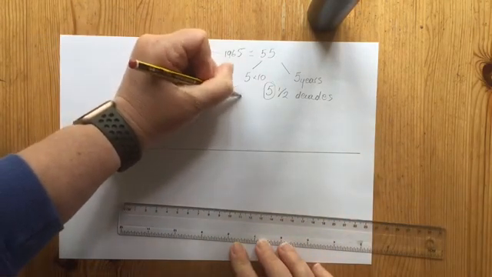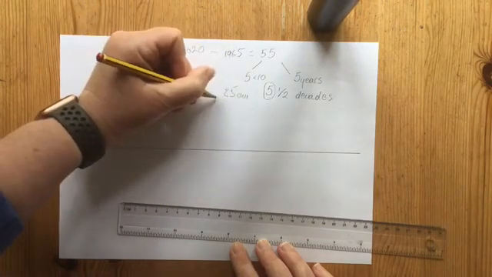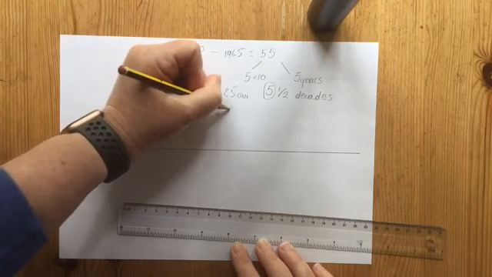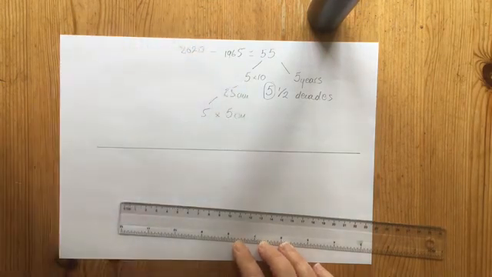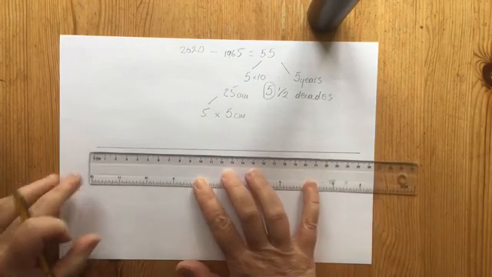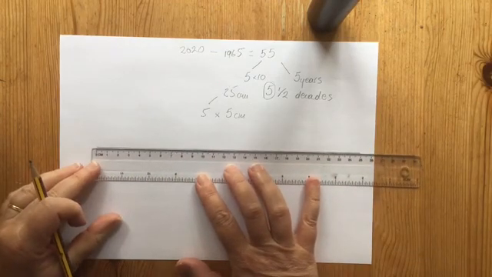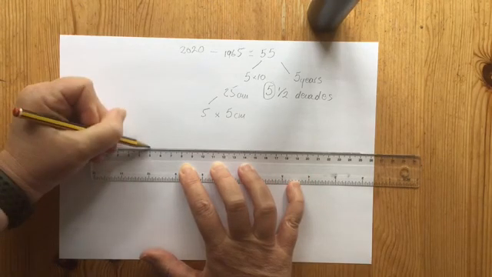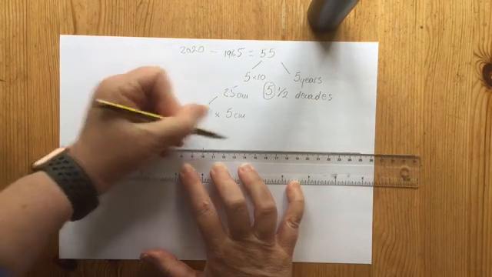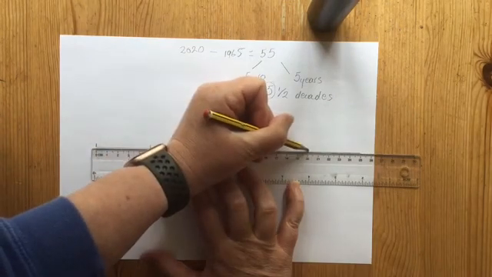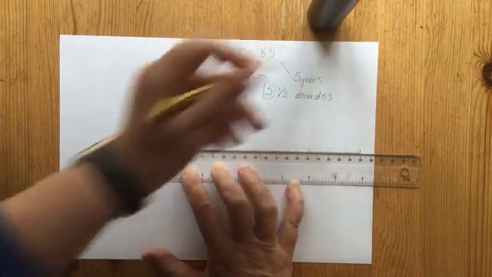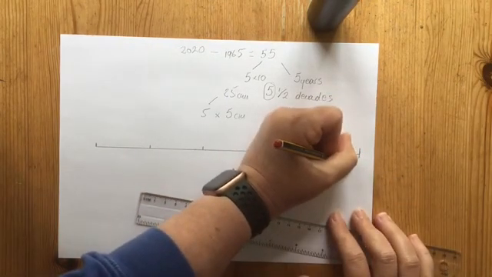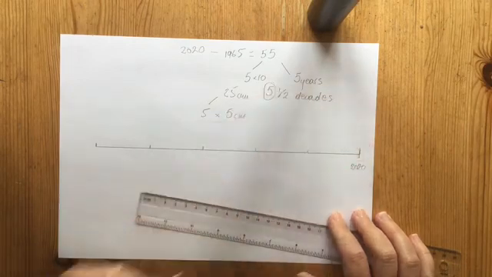I can divide this into 5 centimeter sections. So let's use our ruler again. That's my 0, 5, 10, 15, 20, 25. Where 25 is will be today. That is the year 2020.